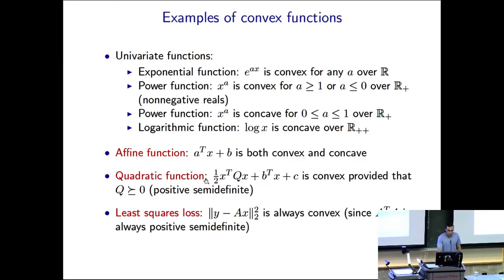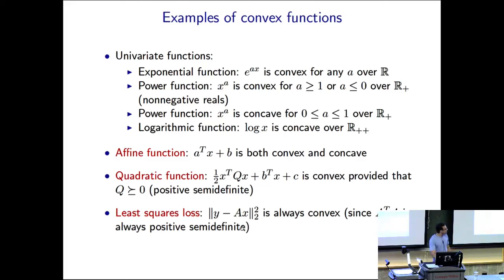A quadratic function, we'll see this a lot. It's convex, provided that this matrix Q here that defines the quadratic is positive semi-definite. So, all of its eigenvalues are non-negative. So that's an important qualifier. If Q has a negative eigenvalue, it's no longer a convex function.